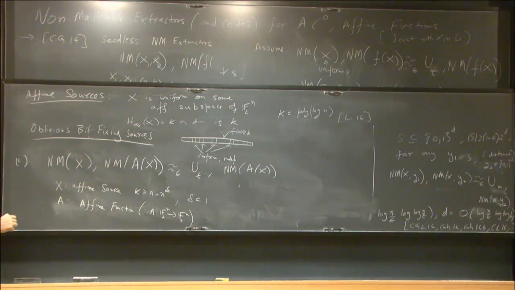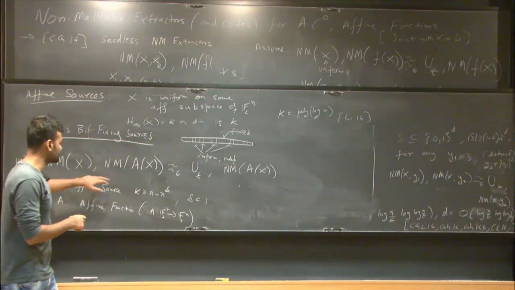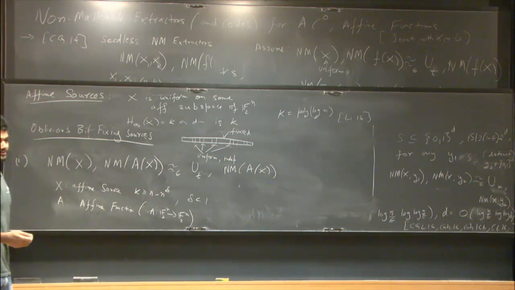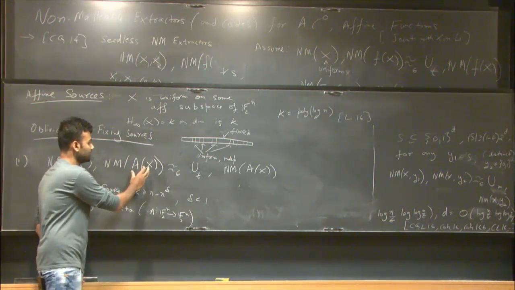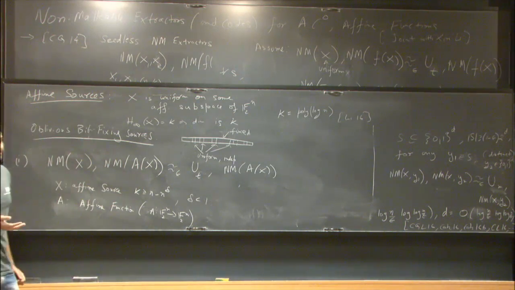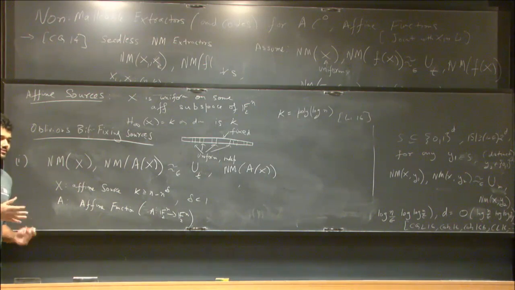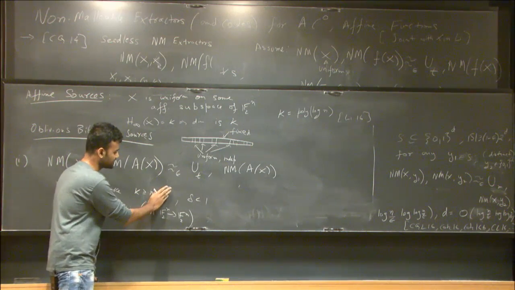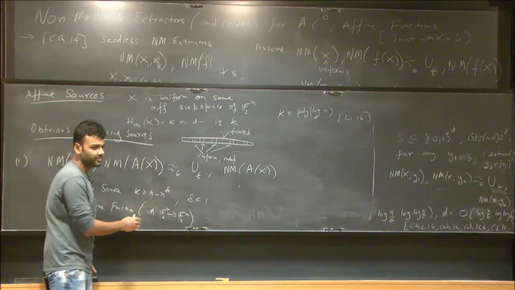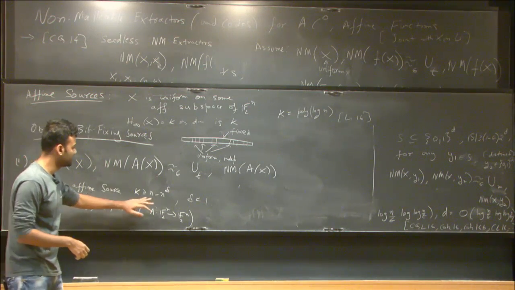Again, for this way of stating, assume A does not have too many fixed points. The fixed points are a linear restriction on the source, so if A of x equals x, then just for getting applications without fixed points, this entropy would be enough, but if you want to handle fixed points, this is enough.